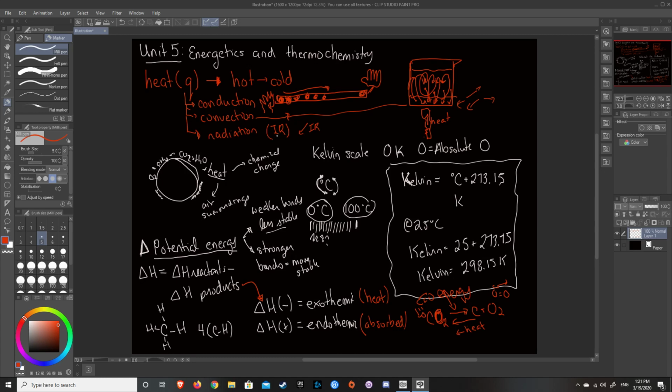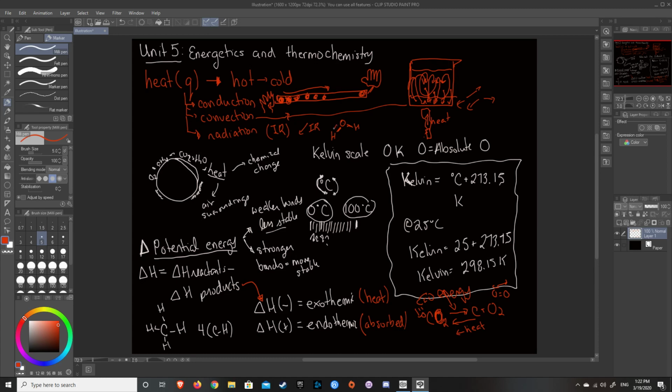So radiation energy, basically, is energy that causes atoms to vibrate over a longer distance. So if we had water, it can absorb IR radiation.